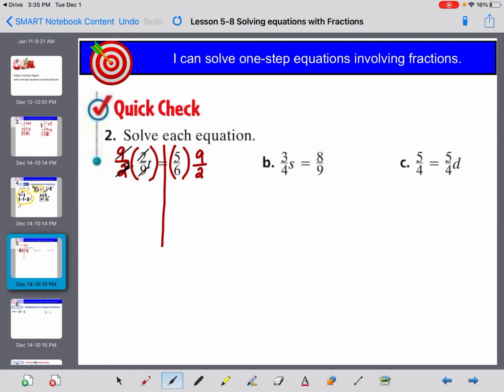These cross out, and I'm left with t on the left side. On the right, I see that I can simplify 6 and 9 having common factors of 3. Now I take 5 times 3, which is 15, and 2 times 2, which is 4. 4 goes into 15 3 times, because that's 12, and I'm left with 3/4.